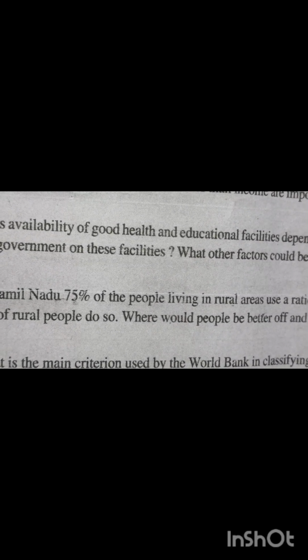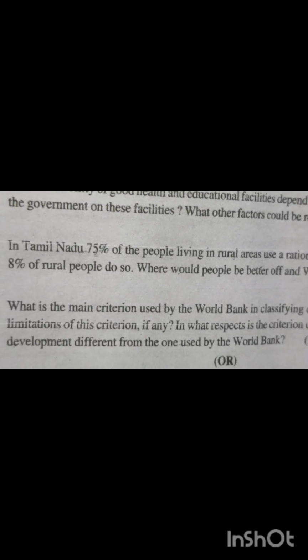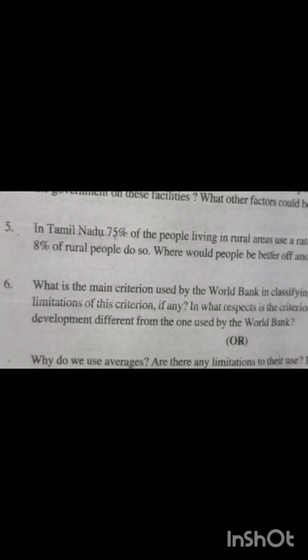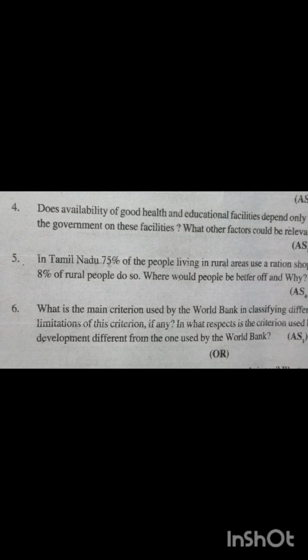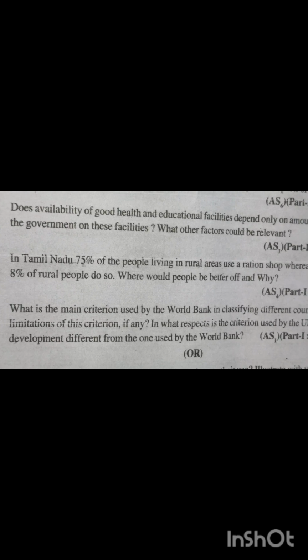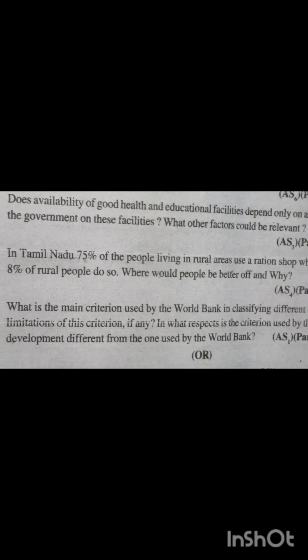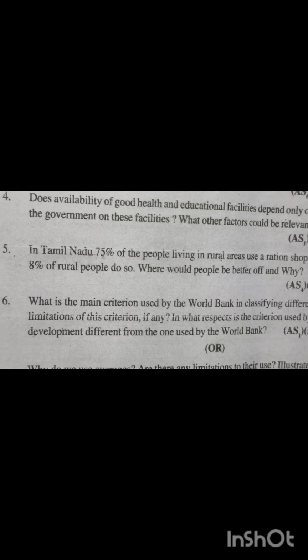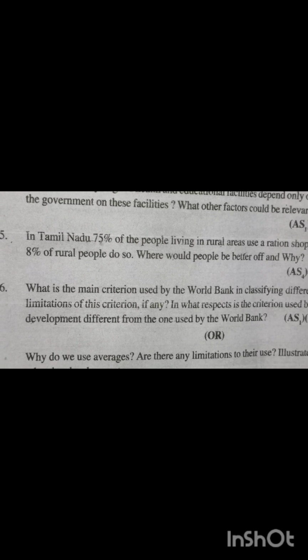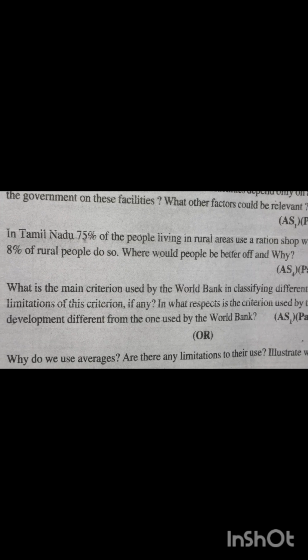What other factors could be relevant? Fifth one. In Tamil Nadu, 75% of the people living in rural areas use a ration shop, whereas in Jharkhand, only 8% of rural people do so. Where would people be better off and why?